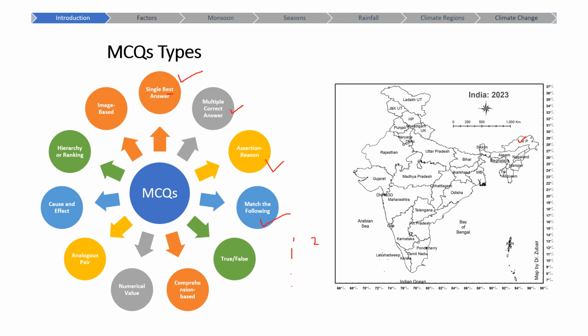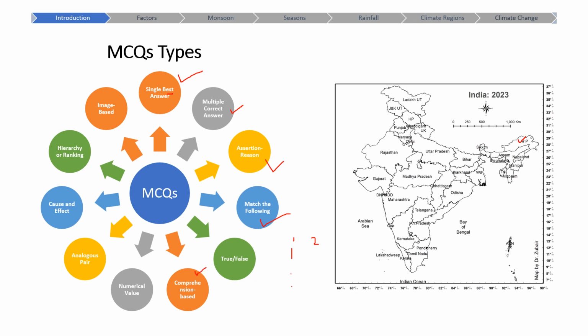True, false. It may be like: the Indian Ocean Dipole is a climatic phenomenon characterized by periodic warming and cooling of the sea surface temperature in the Indian Ocean. So is this true or false? Then there may be a comprehension type, comprehension based.